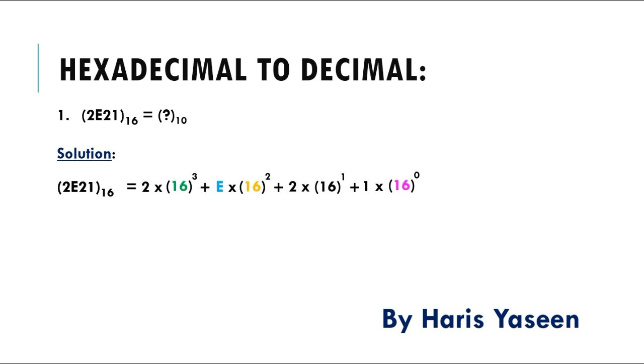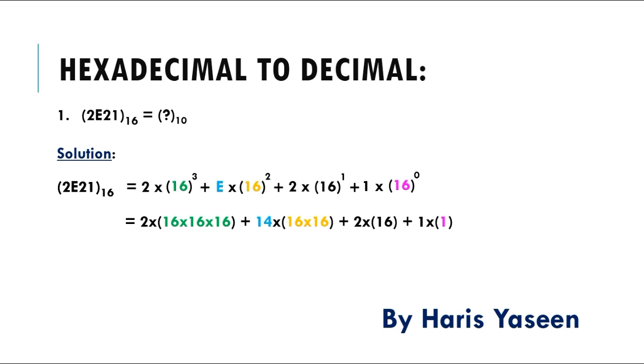Okay. Now in second step, in green color, 16 cube. That means 3 times 16. So right here in the parenthesis, 16 multiplied by 16 multiplied by 16. E is equivalent to 14. So right here 14, and 16 squared, so 16 multiplied by 16, 2 times 16.